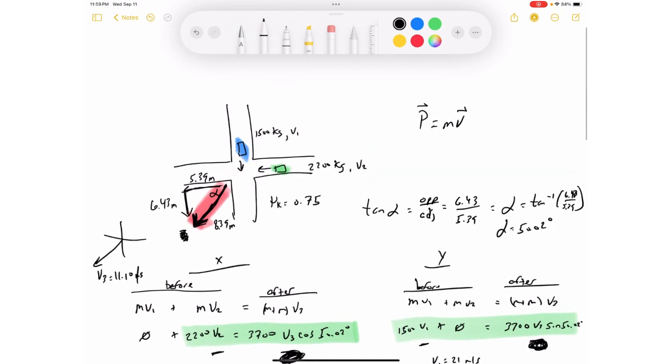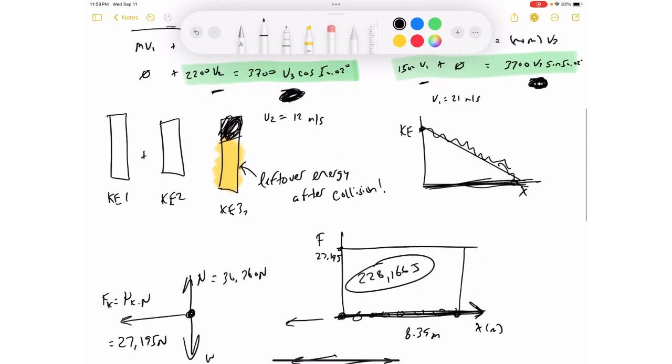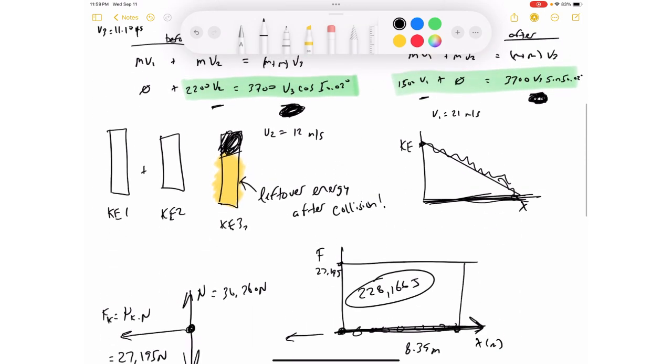So to recap, this problem involves a conservation of momentum, but we're actually pulling it out and doing momentum in the x direction, in the x component, and in the y component. Okay, so we're separating them out. So momentum is conserved in x, and it's conserved in y. Then we figured out we have this much energy after the crash, this much kinetic energy.